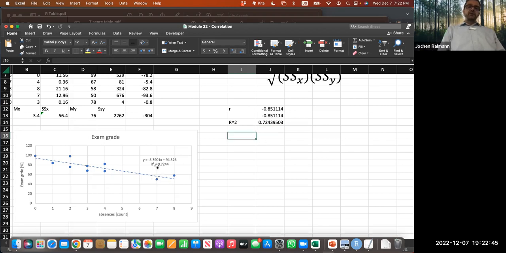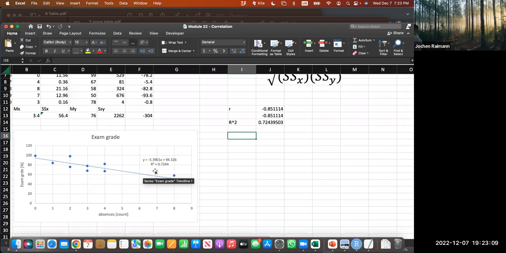Good. So how much does the strength of your correlation actually matter? If you look at this formula, you can conclude that this is a normal linear function. That's nothing else but a function for a straight line. So basically you have a y variable that is a function of minus 5.4 times your x, which is each absence.